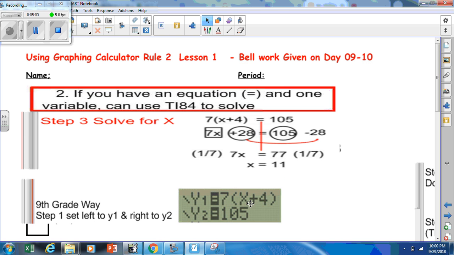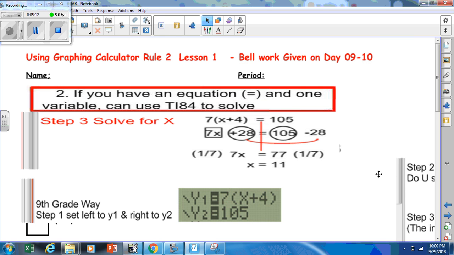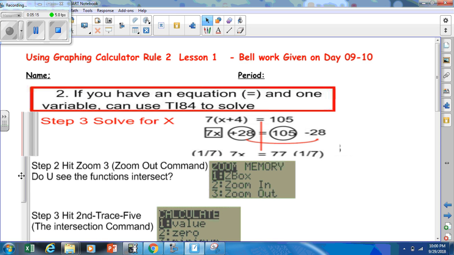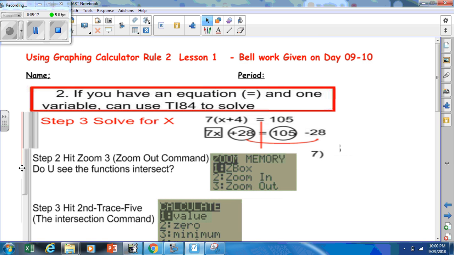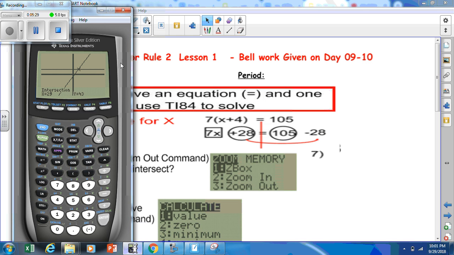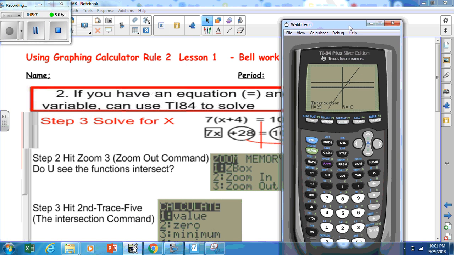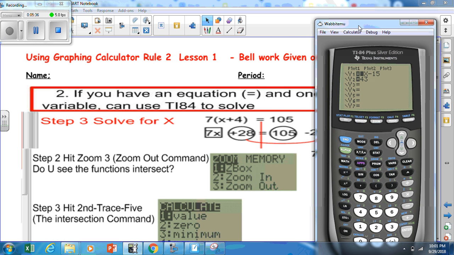In steps 1 and 2, we're going to hit the zoom button, zoom 3, until we see the intersection, and then we're going to hit second trace 5. So what does that look like on your calculators, students? Okay, we go to our Y editor, 7 parentheses x plus 4 equals 105.